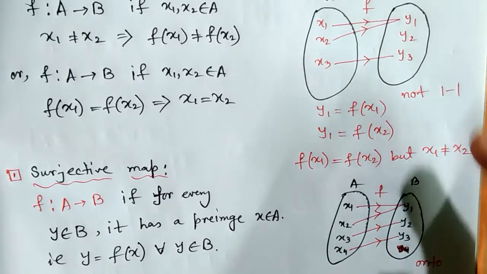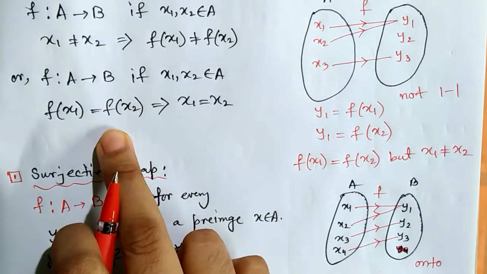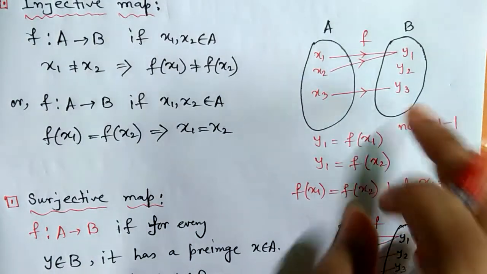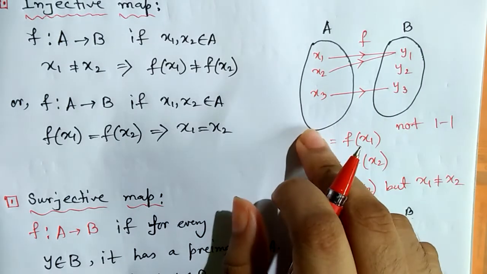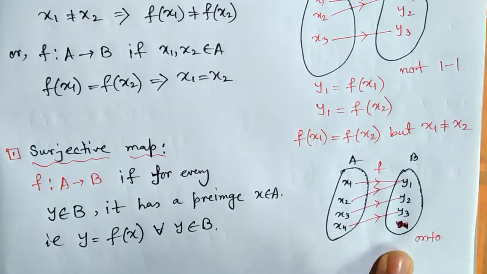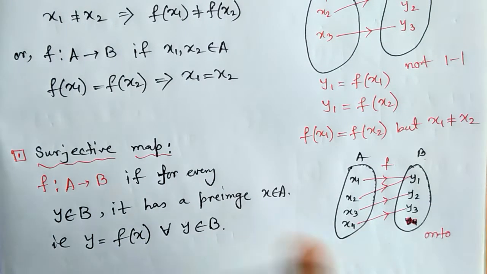So what is the difference between these two maps? In case of injective map, the member of B must have at most one pre-image, or unique pre-image, and in case of onto map, each and every member of B must have a pre-image.